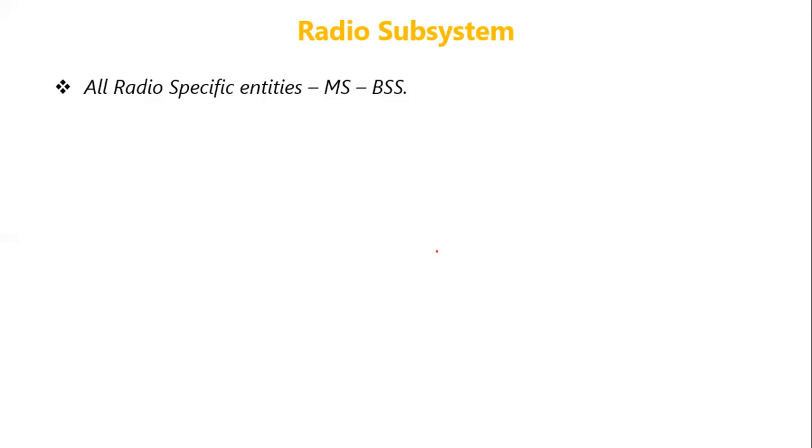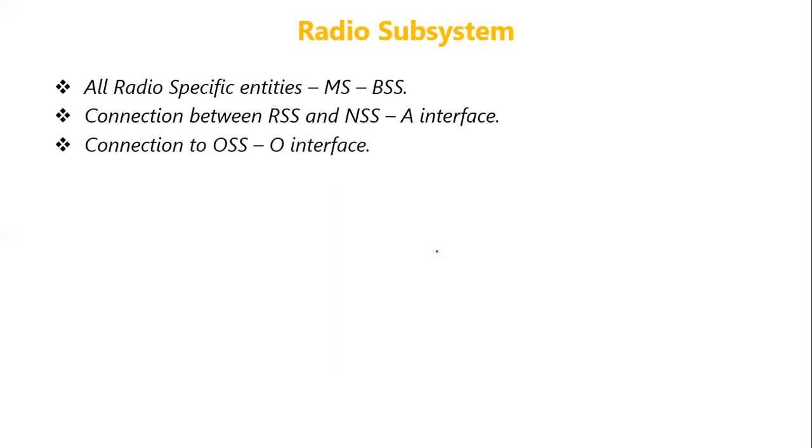As we have already discussed, RSS and NSS, that is radio subsystem and network and switching subsystem, are connected through an interface called the A interface.